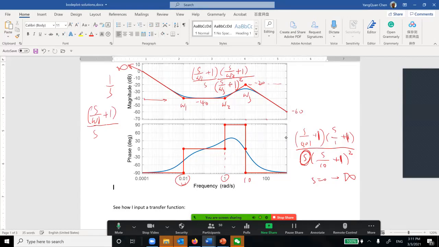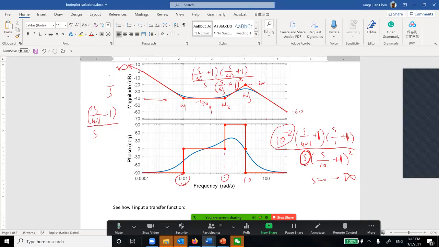That means you should have 10 to the power of minus 2. Minus 40 dB is 10 to the power of minus 2. That's the correct answer. That will give you that minus 40 dB going down.